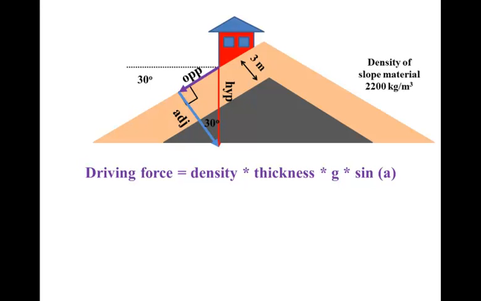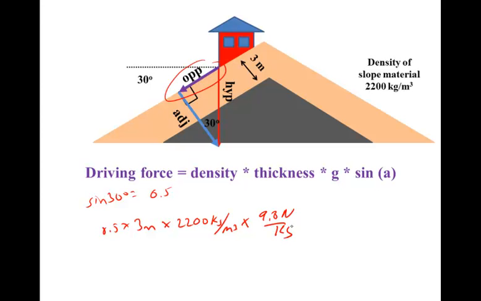Let's find the driving force first, the component of the stress due to gravity that's directed parallel to the slope and promoting downward movement. Our slope angle is 30 degrees. Sine of 30 degrees equals 0.5. We have 0.5 times 3 meters of slope material with a density of 2,200 kilograms per cubic meter times g, 9.8 newtons per kilogram.